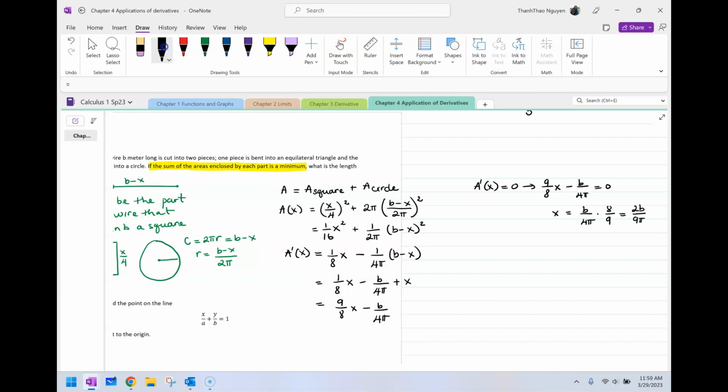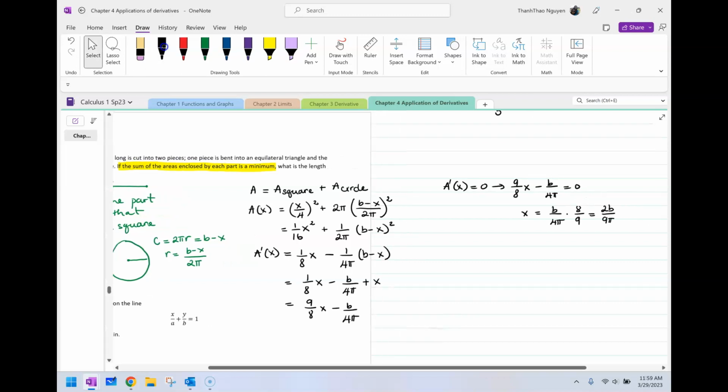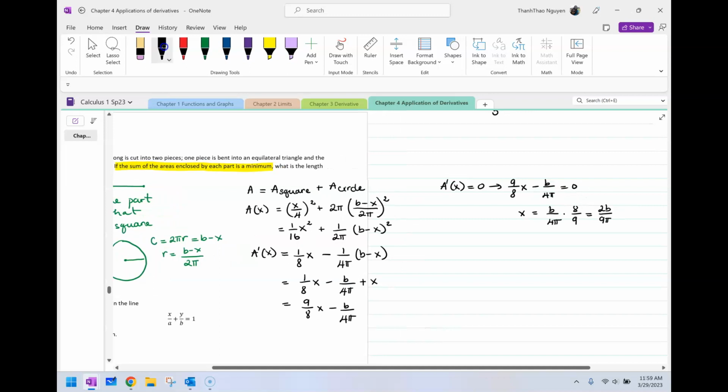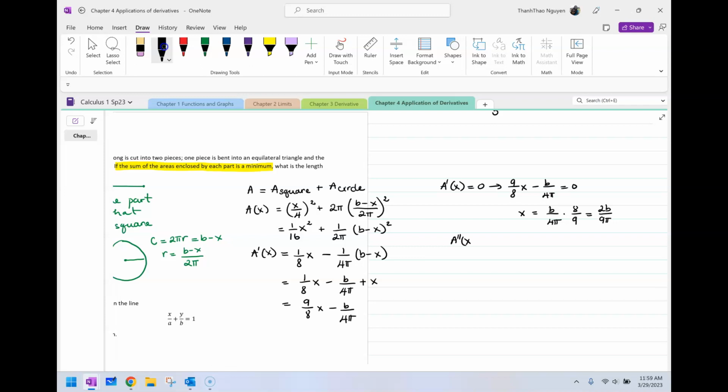Let's take a look at what the second derivative is. A double prime of x is equal to 9/8. This is greater than 0 for all x in the domain.